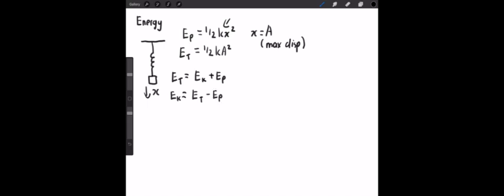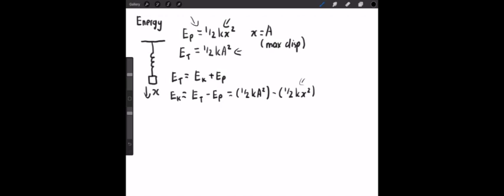Now let's substitute some numbers in here and see if we can get an expression for this. So that's going to give me, first of all, the expression for the total energy, and I'm going to use this one up here. That's going to give me 1/2 kA squared minus 1/2 kx squared. That, of course, is the first one, the potential energy at the top.